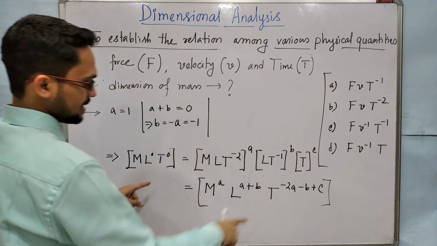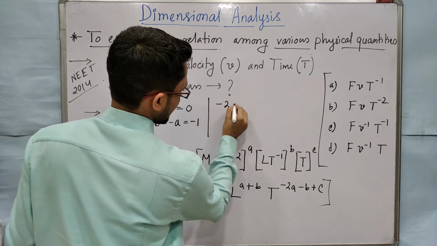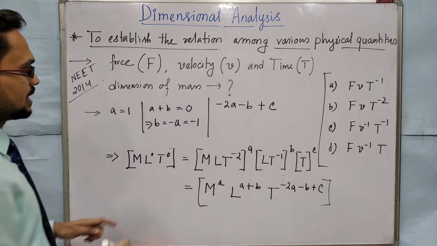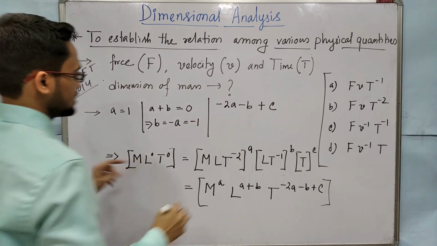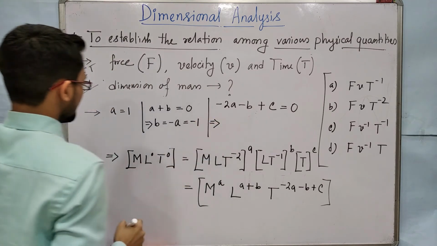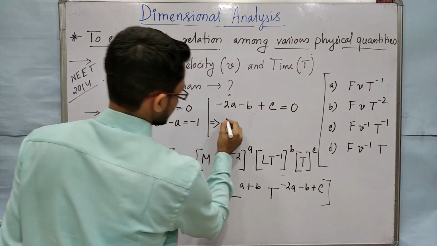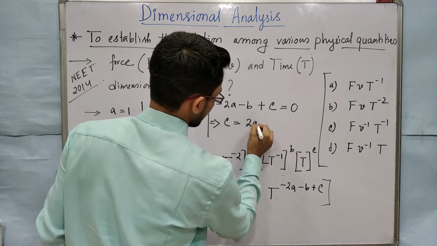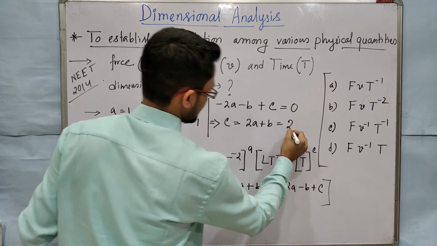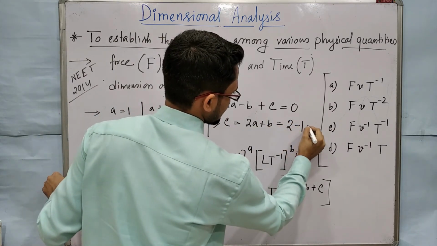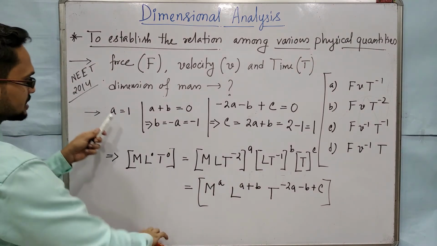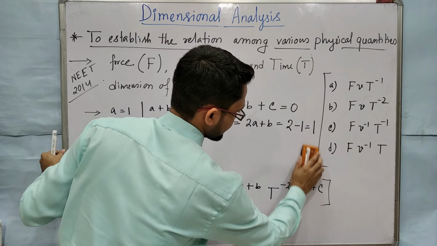Okay, and then T, minus 2A minus B plus C equal to 0. On this side it is 0. So A we get, B we get, we have to find C. C equal to 2A plus B. Okay, 2A means 2 into 1, that is 2, and B is minus 1, so it will be 1. Understand?